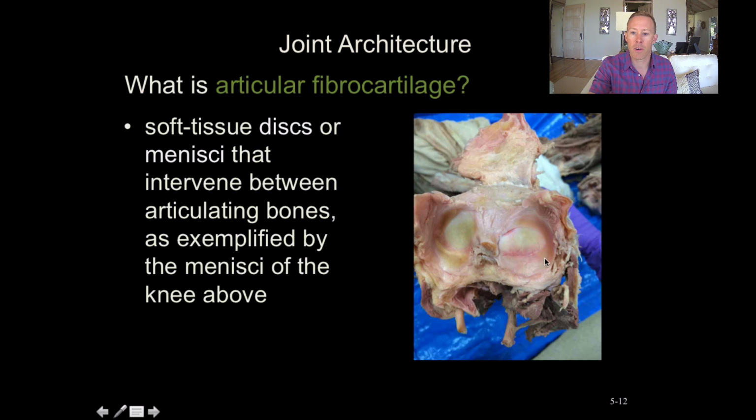You can see there, we think about people having meniscus tears. The menisci are really important. They're like the labrum in your shoulder and your hip. These are all fibrocartilaginous structures, and they help to deepen a joint. They allow the articulating bones to fit together better.